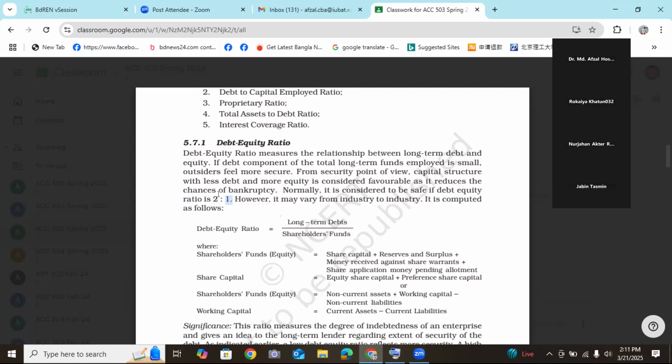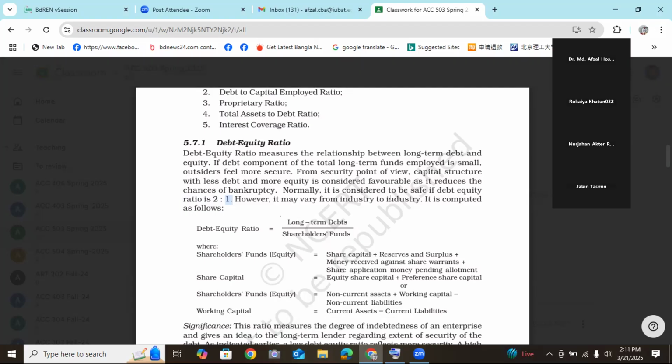What is the rule? Your shareholder funds should be 2 times compared to your long-term debts.